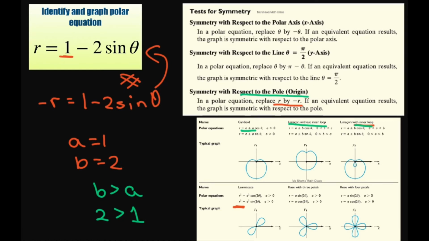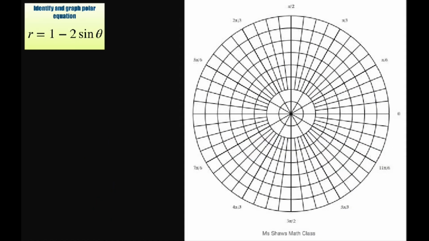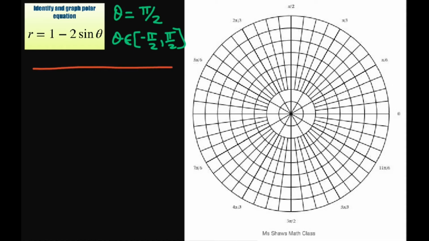Since we did our test for symmetry, we can choose our theta values. It's symmetric with theta equals pi divided by 2. So we're going to assign values to theta from negative pi divided by 2 to pi divided by 2, and then use symmetry to complete the graph.